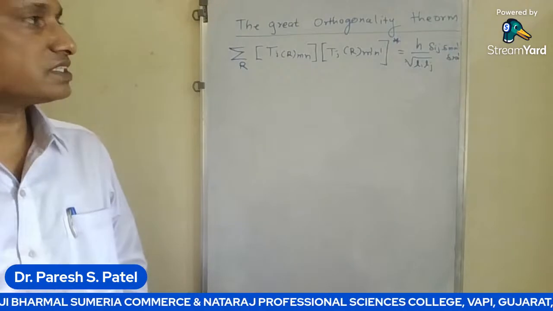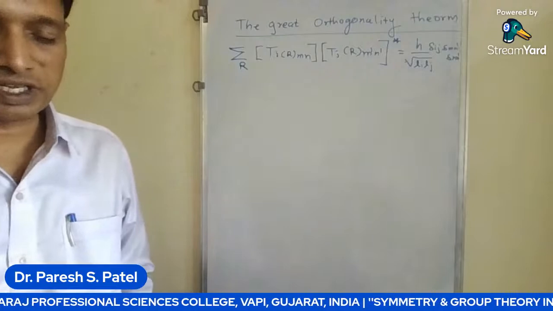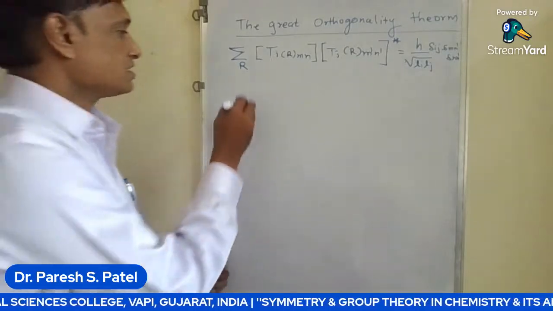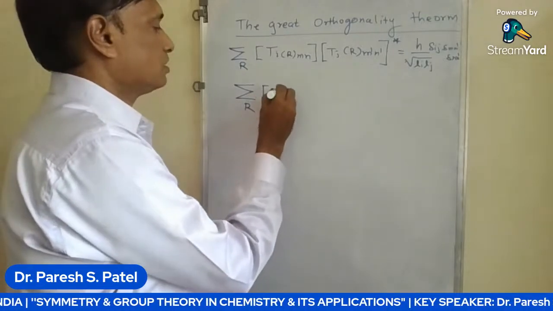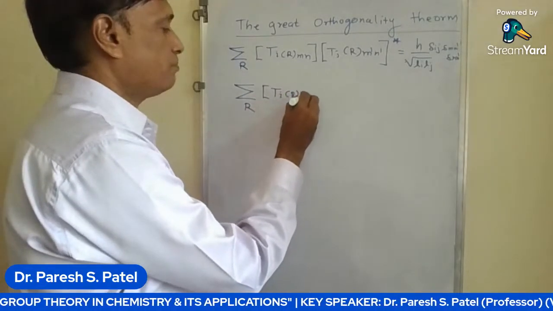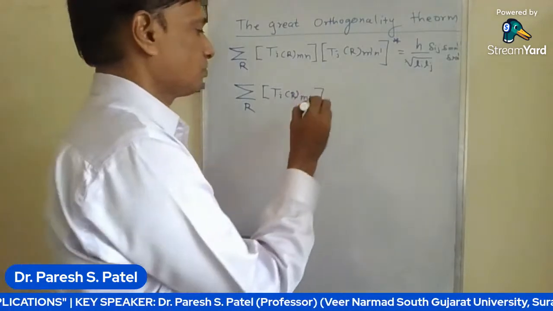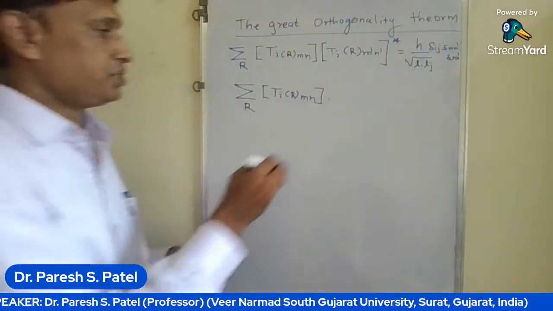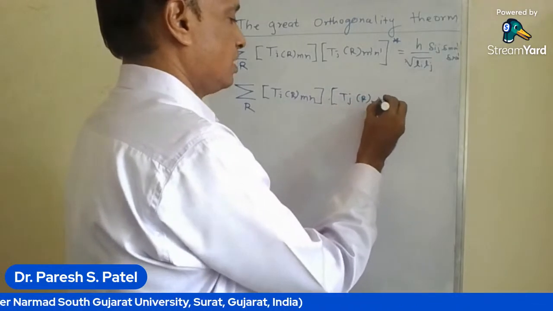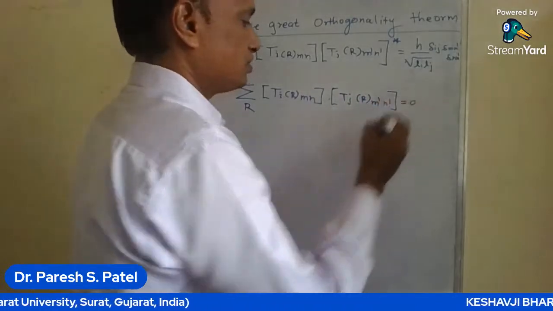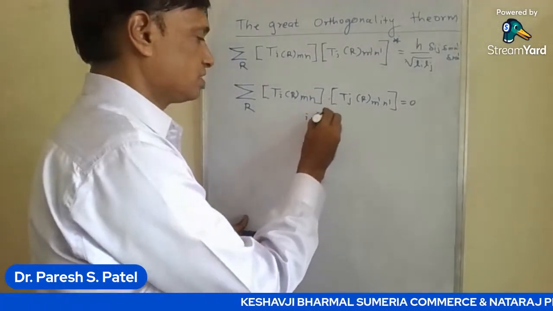So with the help of this orthogonality, we can subdivide this mathematical statement into three mathematical statements. First, the summation over R of Γi(R)mn times Γj(R)m'n' is equal to 0, where i is not equal to j.